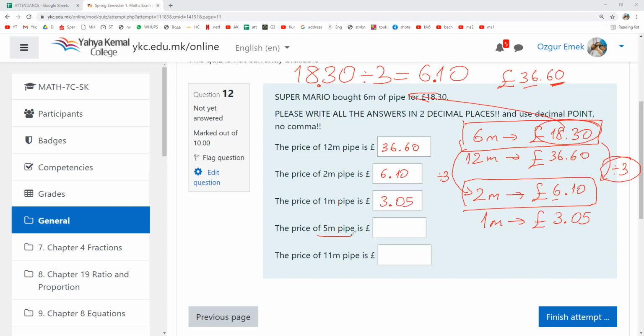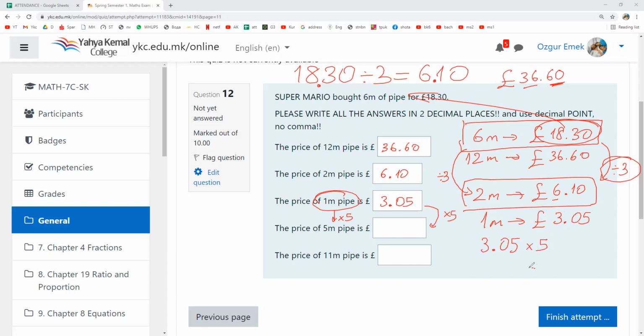How about 5 meters? It's the 6 meters price minus the 1 meter price. Or you can multiply the 1 meter price by 5. So 3.05 will be multiplied by 5.